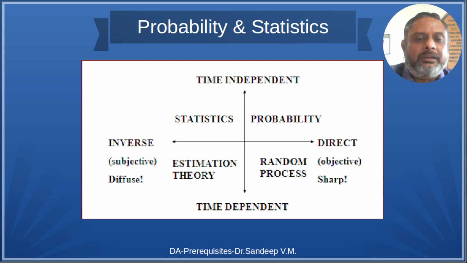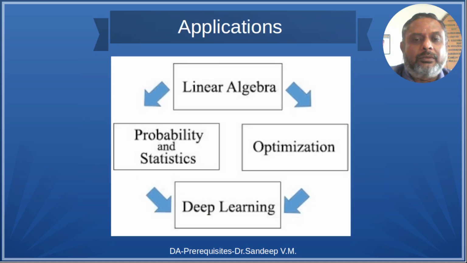Time independent inverse method, we are working on statistics. Time dependent direct, we are working on random processes. Time dependent inverse, we are working on estimation theory. So there are totally four ways of solving any problem, depending on whether the problem is time independent or time dependent.